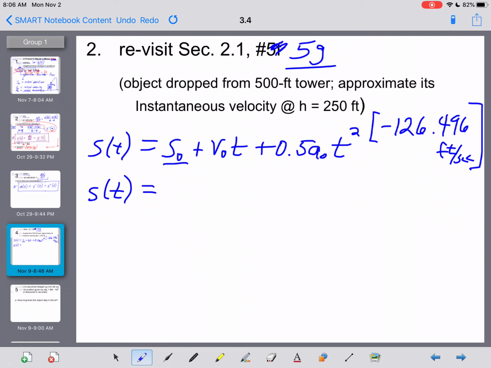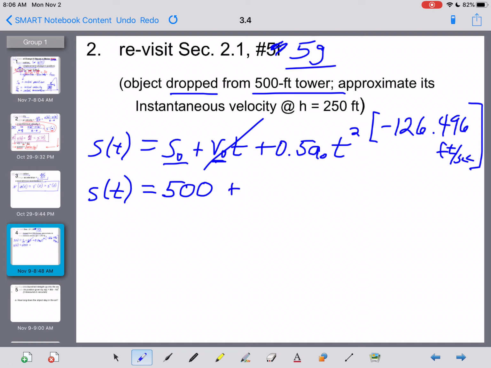Initial position: the object was dropped from the top of a 500-foot tower, so it started with an initial height of 500 feet. Notice the word dropped. That's important, guys. This object was not thrown, it was not heaved, it was not launched. This object was dropped, and what that means is that your initial velocity is going to be 0. That means that term was a non-factor for us. We didn't have to worry about it at all.